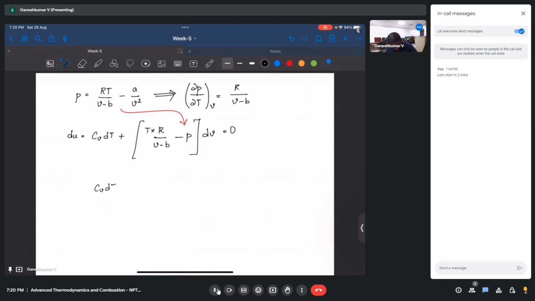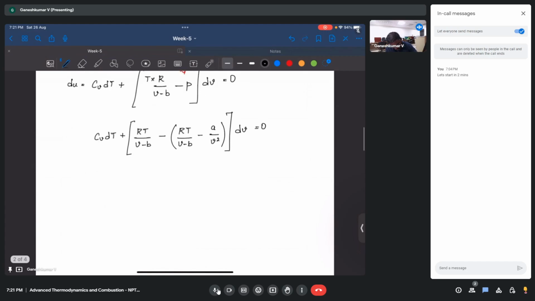Cv dT plus RT by V minus B minus P, where P is again RT by V minus B minus A by V square, times dV is equal to 0, right? Now we can cancel these two terms. So this simplifies as Cv dT plus A by V square dV is equal to 0.